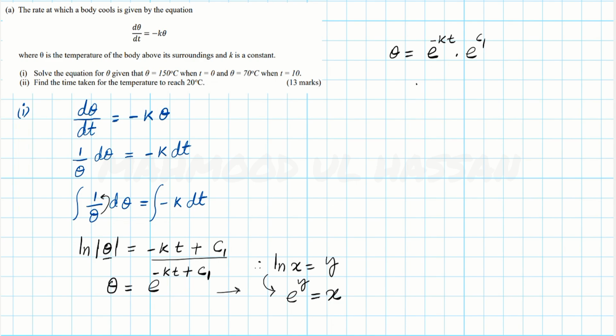Here let's say e raised to the power c1 is a constant, so let me denote this by capital C. So the final result is going to be theta of t, because it is a function of t, theta of t equals C times e raised to the power minus kt. Got it? So this is what we call the general solution.